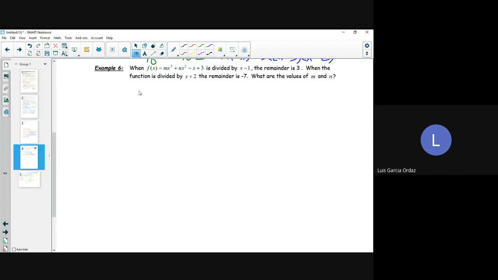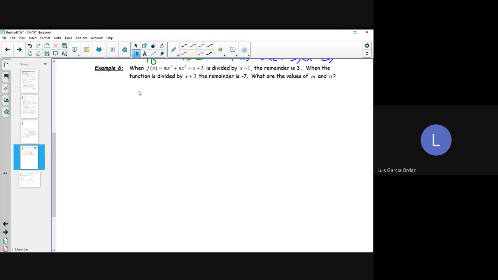So how would we start this off? Do synthetic division for both, and then do substitution or elimination. Well, you technically don't need to do synthetic division because you're already given the remainder.